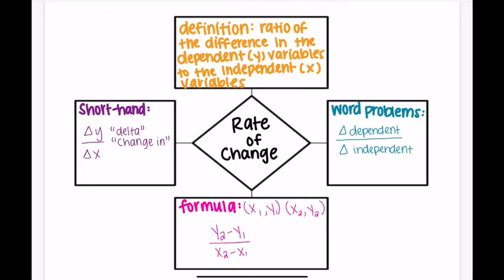Remember that in a graph, you have your x-axis and your y-axis, so that also determines dependent and independent. Independent is always the x values, and your y values depend on the x's, so they are dependent.